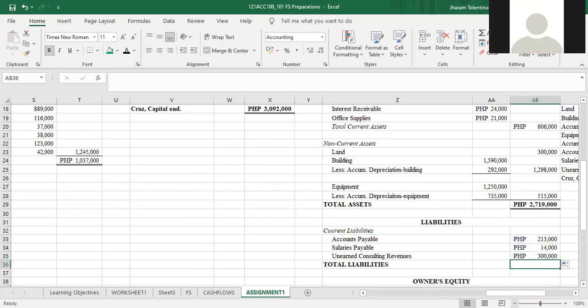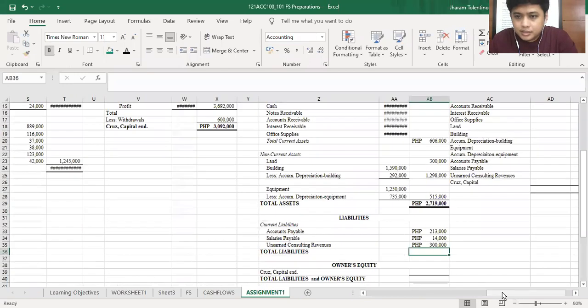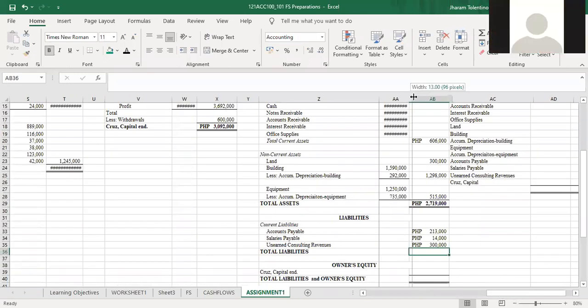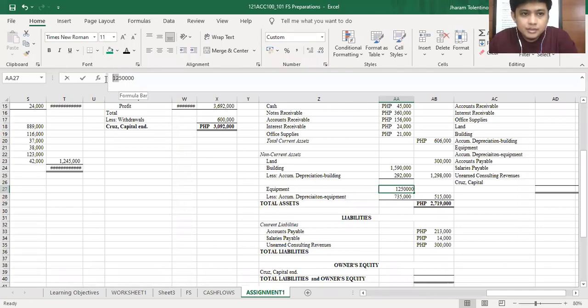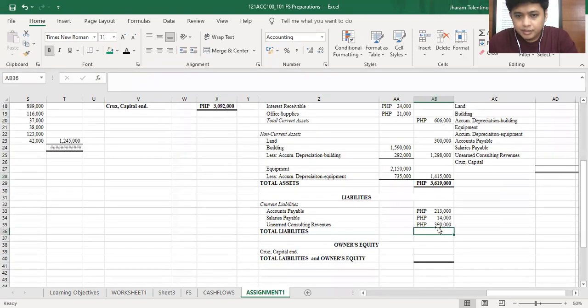Yes. Hindi ba makita? Yung sa equipment po, 2,150 po, ang nilagay niyo po, 1,250 po. Ay, sorry. Mamadali. Yeah. So, 3,619,000. Thank you. It's good to know na may nakikinig.